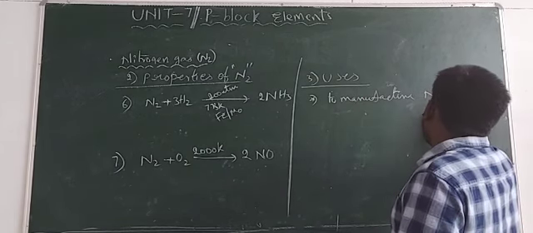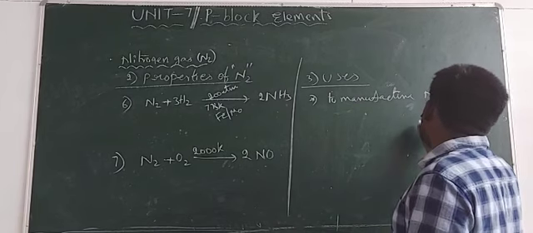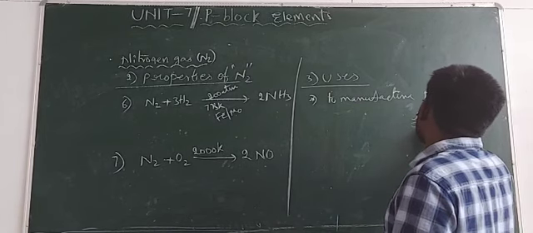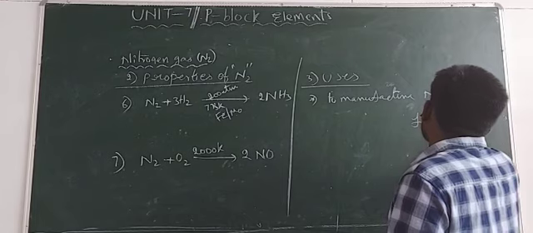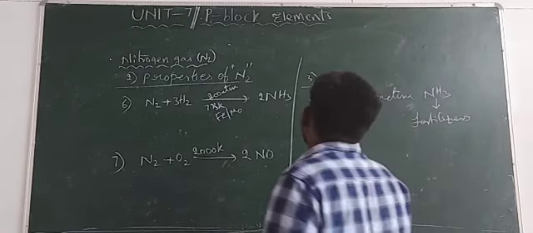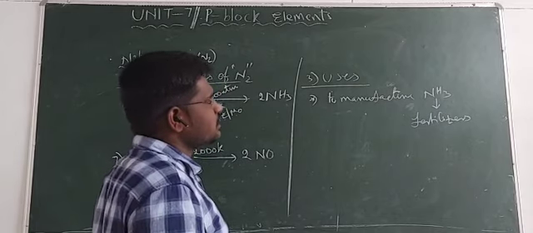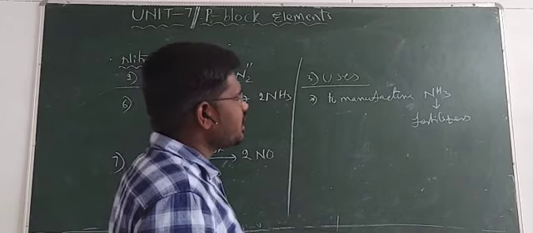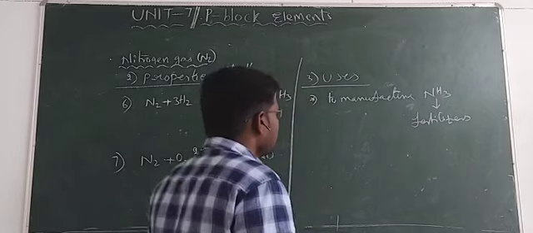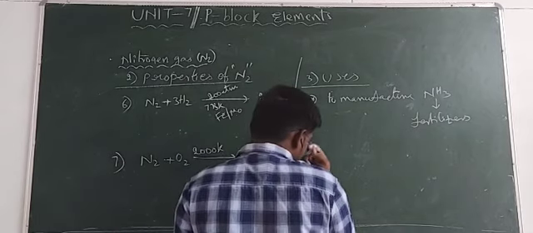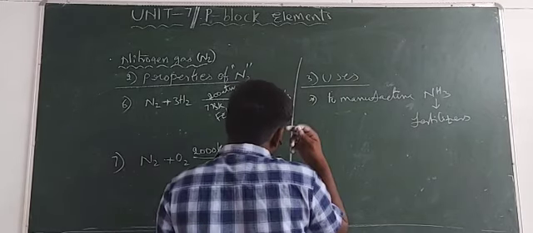This ammonia gas is used in the preparation of the fertilizers. This is the first use of the nitrogen. Nitrogen is used to manufacture the ammonia gas, and ammonia is used in the preparation of the various types of the nitrogenous fertilizers.